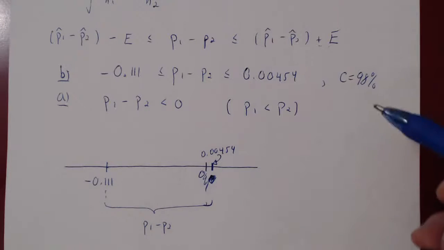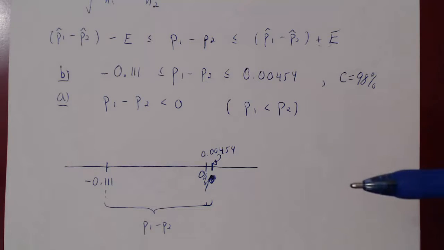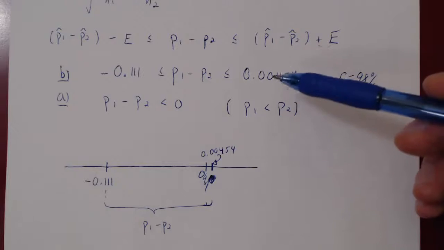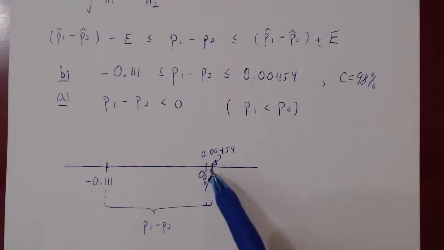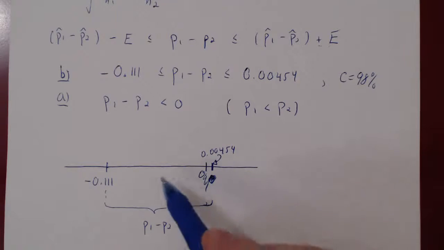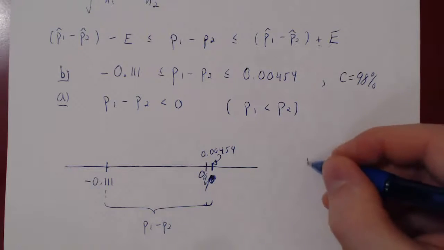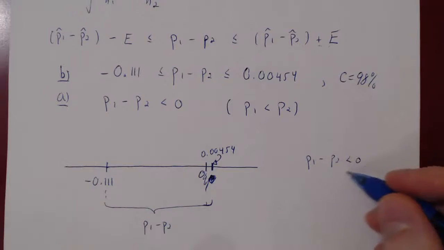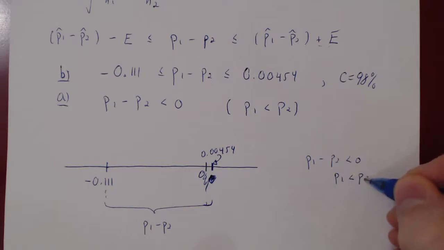And so you see, if we're being technical about this, if we're being very picky, it seems that both are inconsistent, because you see that part of our interval contains positive values, right? So here most values are negative, and you say, well, okay, if P1 minus P2 is negative, add P2 on both sides and you get that P1 is less than P2.